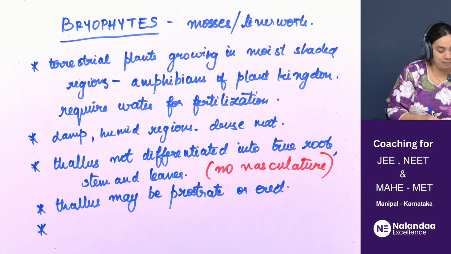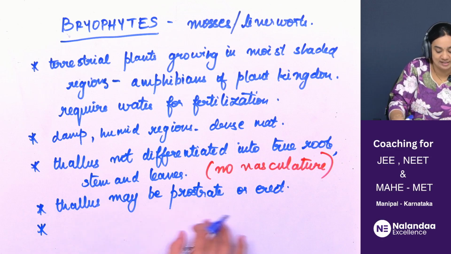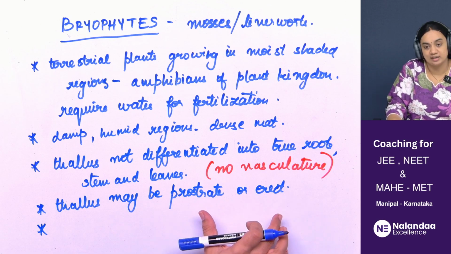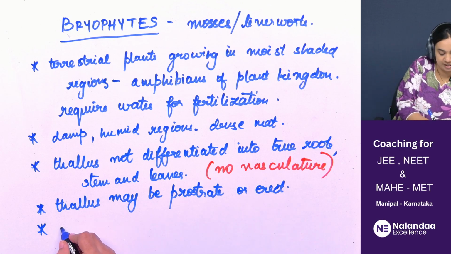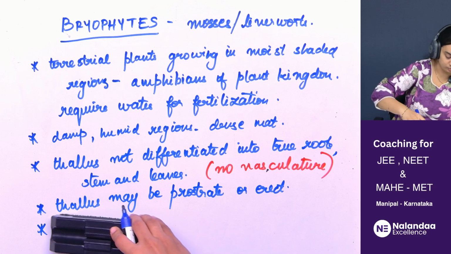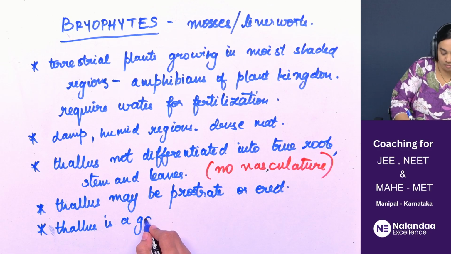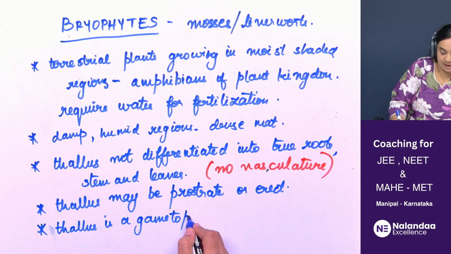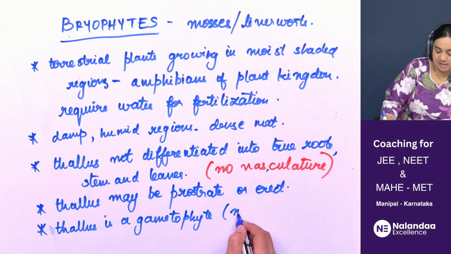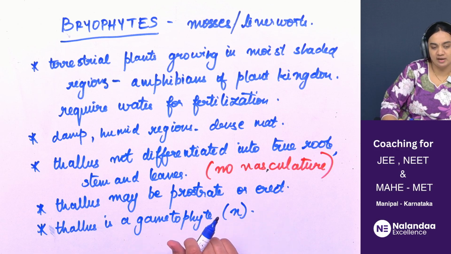And the main plant body, the thallus, is a haploid gametophyte. So this thallus that we are talking about, prostrate or erect plant body which is not differentiated, the plant body is a gametophyte which is haploid. Now can you remember what gametophyte is?